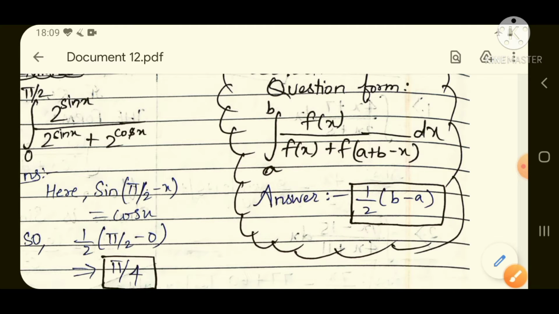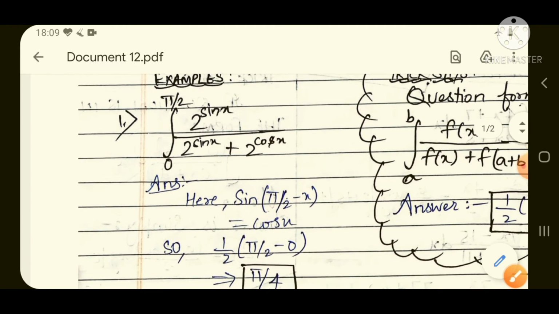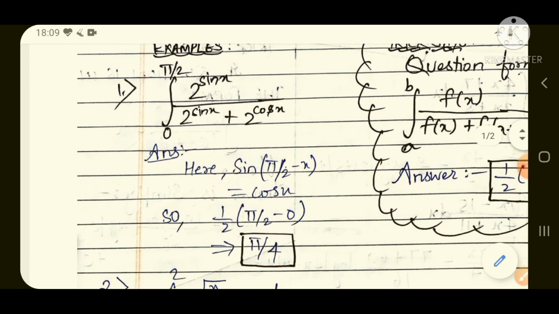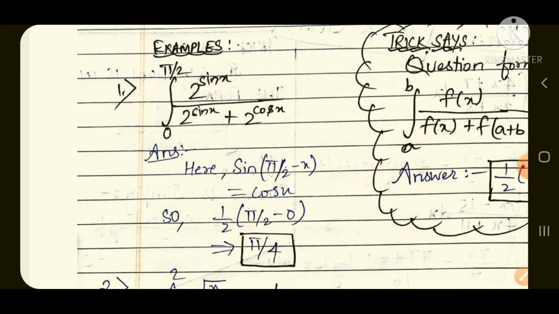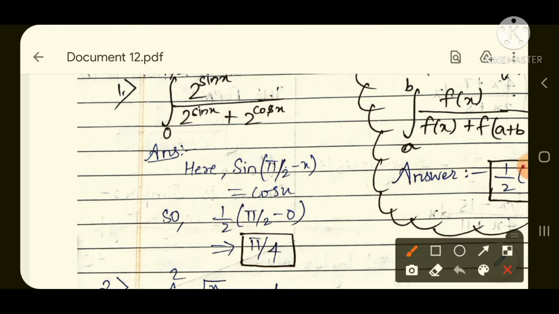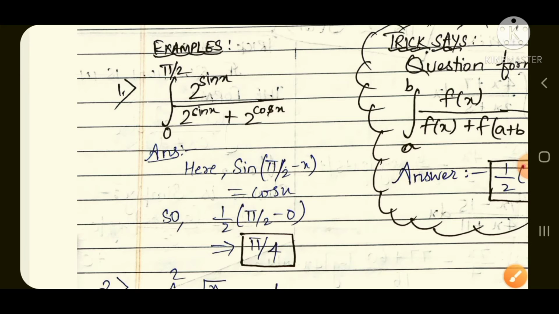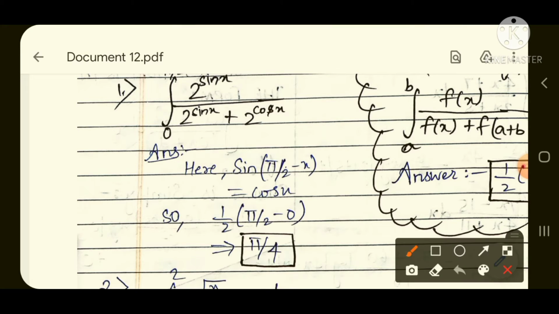So for better understanding, I would take a few examples. In our example number 1, we have the question: integration 0 to pi by 2, 2 to the power sin x by 2 to the power sin x plus 2 to the power cos x. So here we have this formula.